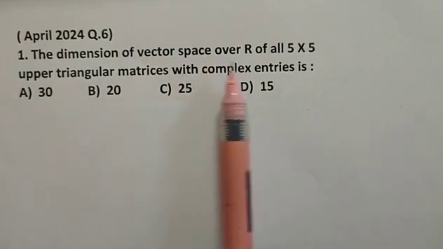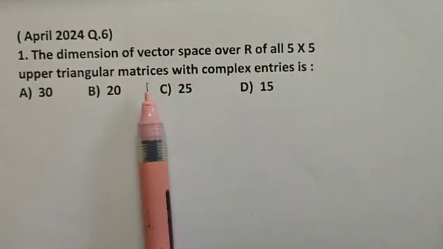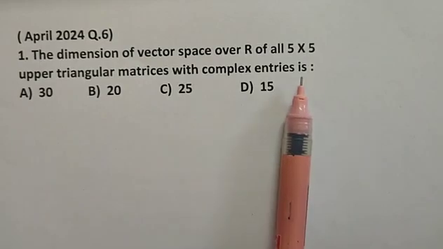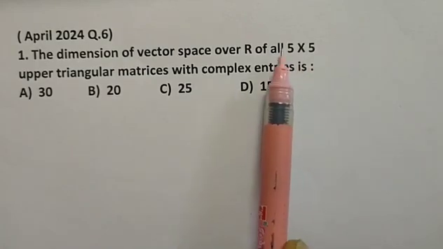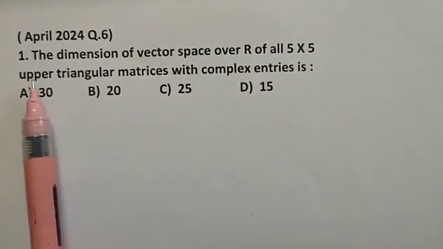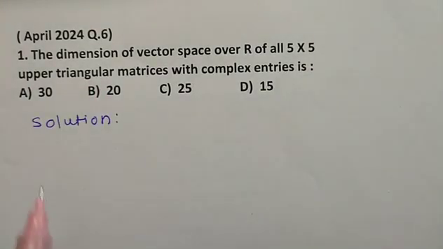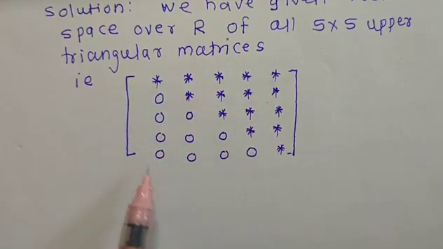Dimension of the vector space over R of all 5 by 5 upper triangular matrices with complex entries. Okay, here we have to concentrate on the 5 by 5 upper triangular matrix. Solution. This is a 5 by 5 upper triangular matrix.